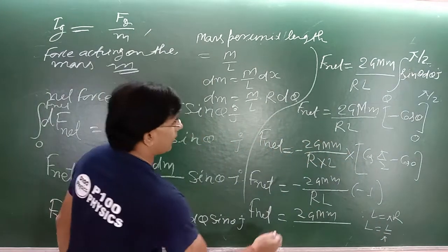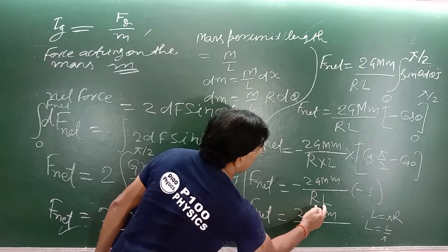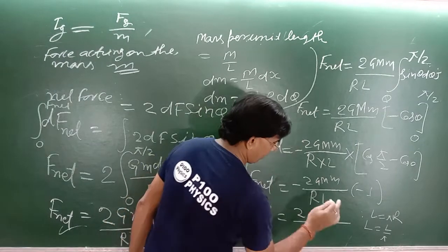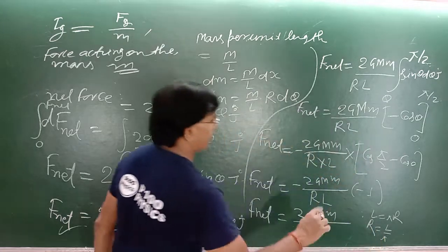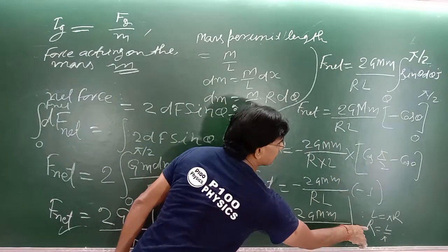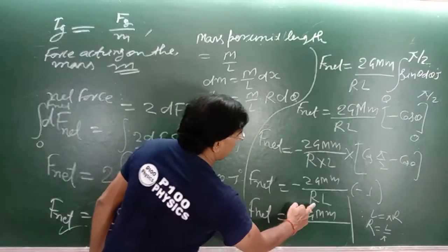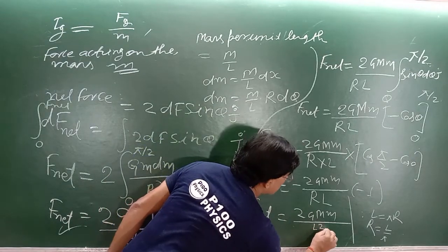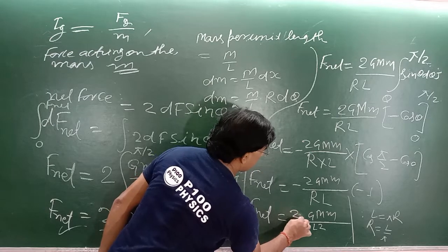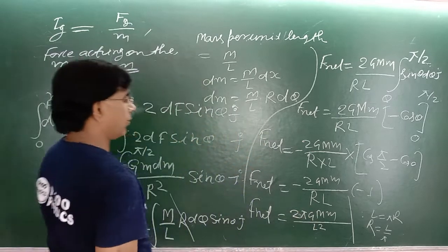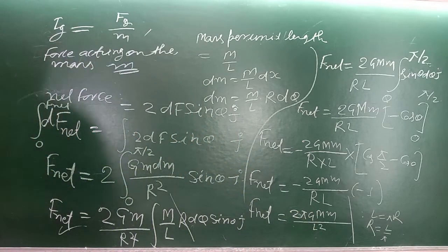Put in the value of R, R equal to L by pi. Keep in mind this. Therefore L square upon pi, pi will be here, 2 pi GmM by L square. This is the fantastic answer.